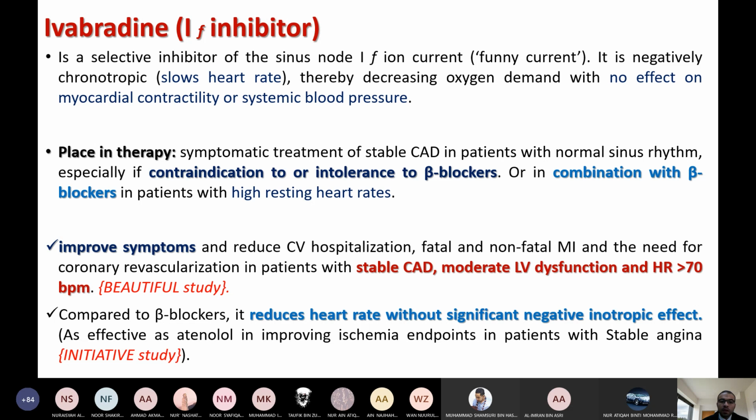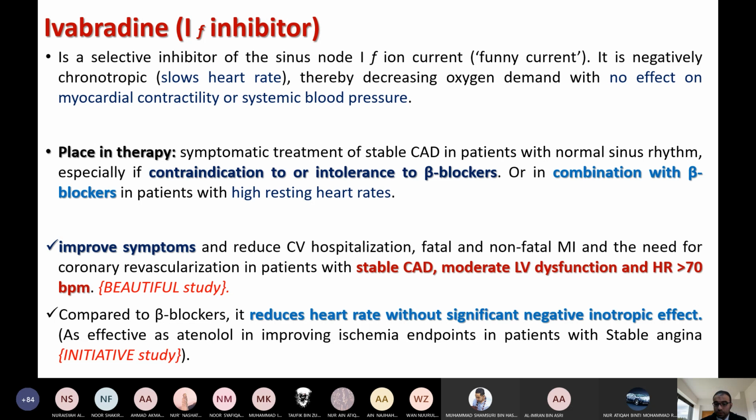Ivabradine has been shown to improve symptoms, hospitalization, fatal and non-fatal MI, and the need for revascularization, especially in patients with stable coronary disease, moderate left ventricular dysfunction, and a resting heart rate of more than 70.